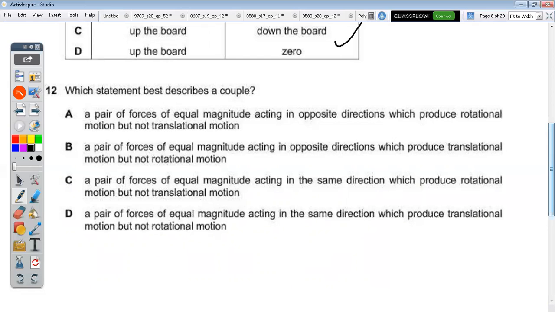What's the correct answer? To be honest, I don't think I've learned this word yet, couple, or the definition of it. But you know it? Yeah, I know the English meaning of it, but not the physics meaning of it.